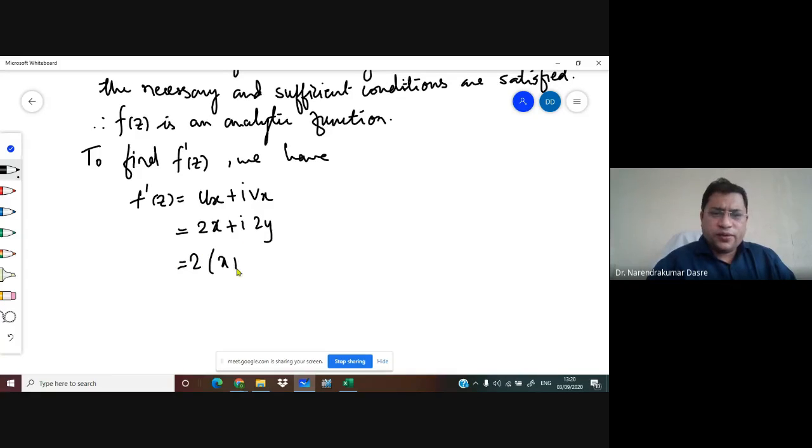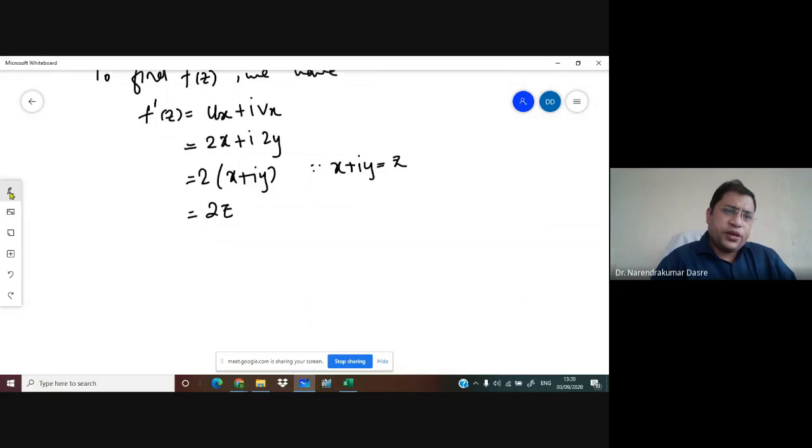So we can take 2 common, and you'll be having x plus iy. Since x plus iy is equal to z, I can write this as 2z. Hence we got f dash of z is equal to 2z.